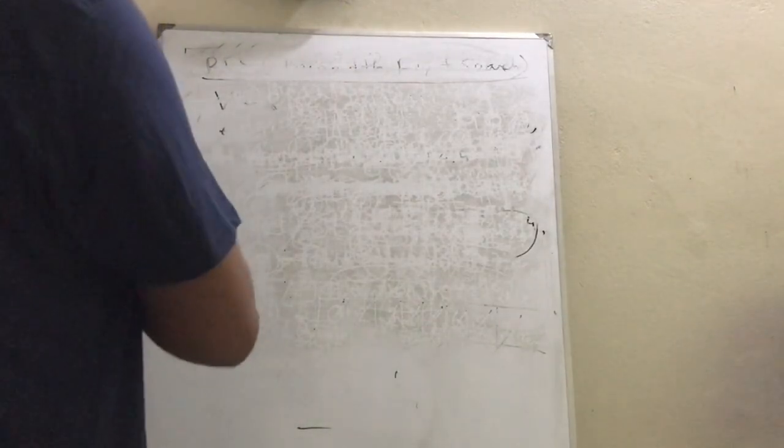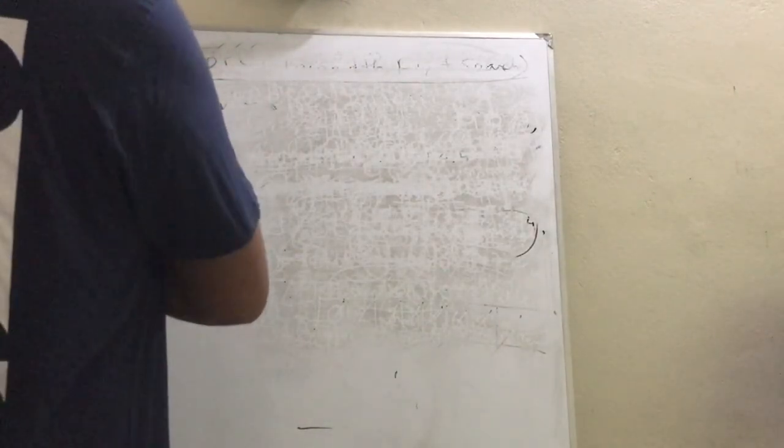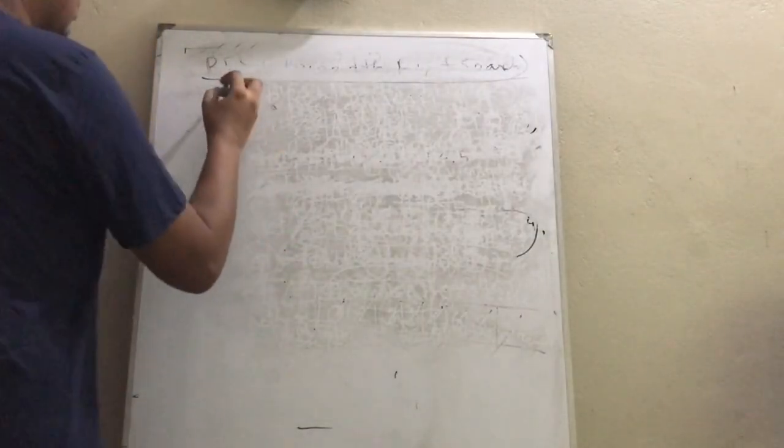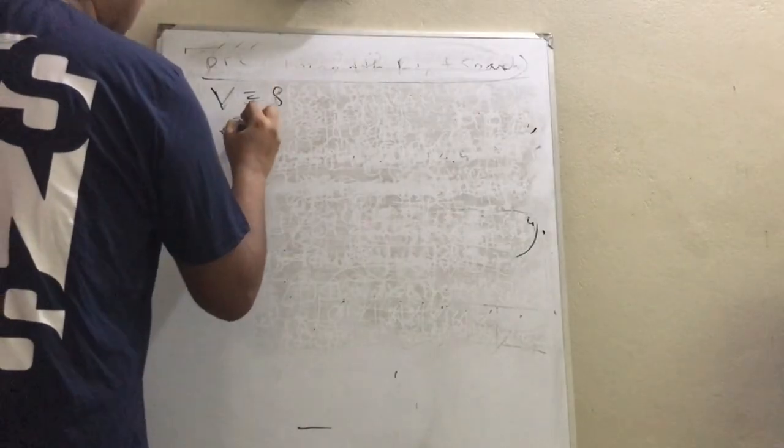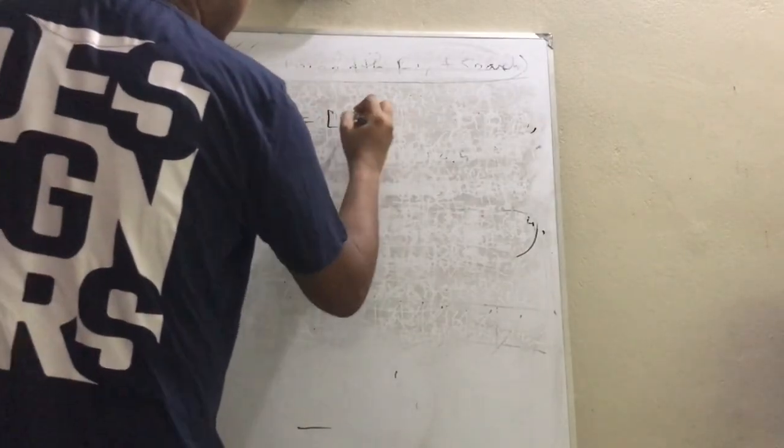Let's see the algorithm. First, we already see V equal 8 as given.